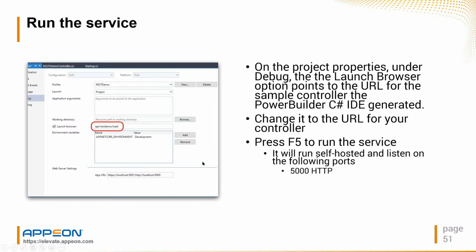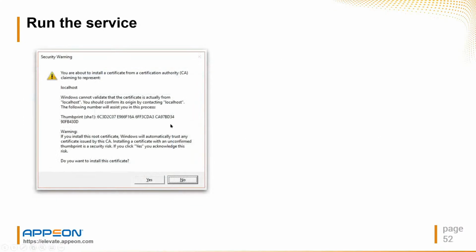When you hit run or F5 within the IDE, it's going to run a self-service host, and it will listen on 5000 for HTTP or 5001 for HTTPS. If you decide to use HTTPS, the first time you run, you'll get this dialog.